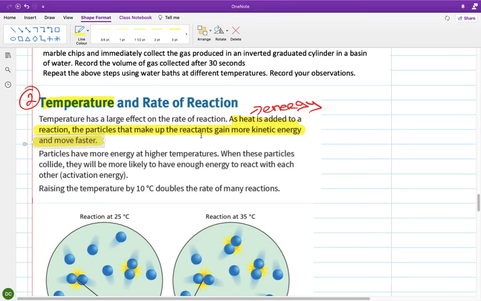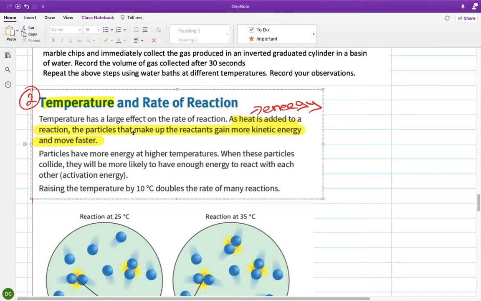This bit here. Okay, so as heat is added to the reaction, the particles that make up the reactants gain more kinetic energy. Heat is a form of energy. When that heat is distributed to the reaction, it's given to the two reactants, the two things that are reacting together. You know the way energy can be converted into other forms, it gets converted into kinetic energy.